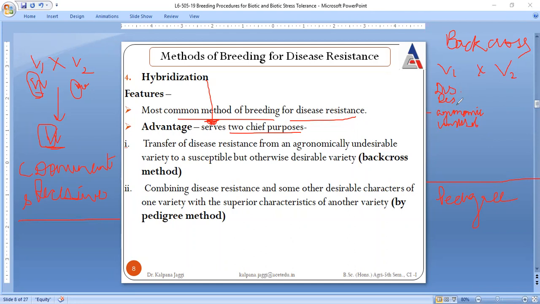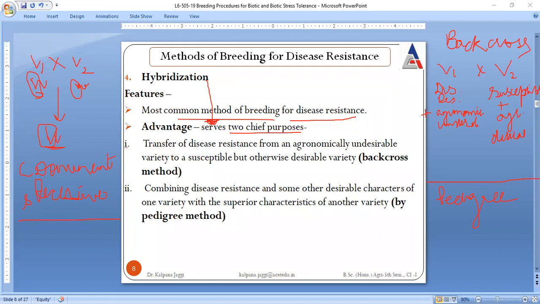Note it carefully: this one is disease resistant but agronomically undesirable, and it is crossed with another variety that is susceptible. That is, it is easily attacked by disease, but it is agronomically desirable.